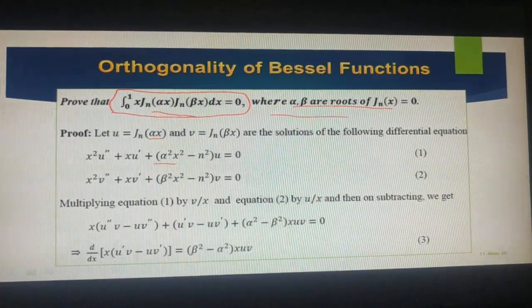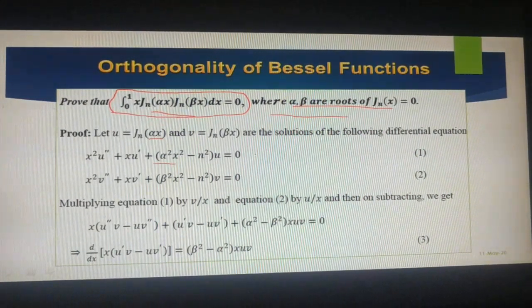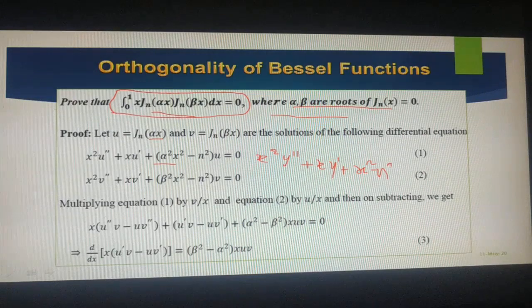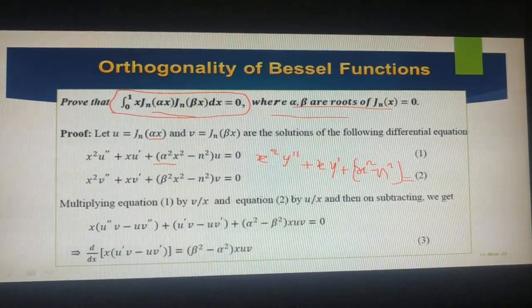Let me write down the formula, which you may remember. Our Bessel's equation is x square y double dash plus x y dash plus (x square minus n square) y equal to 0. This is your Bessel differential equation.